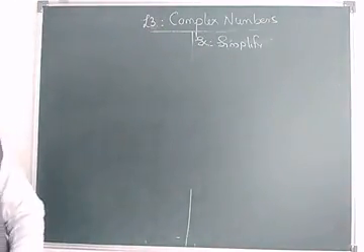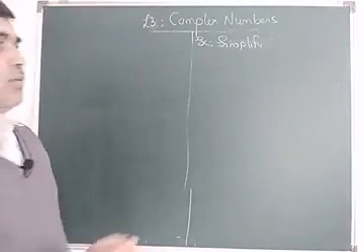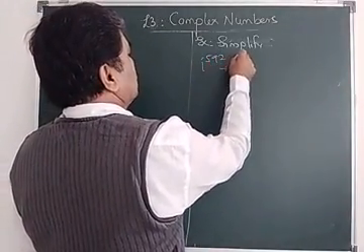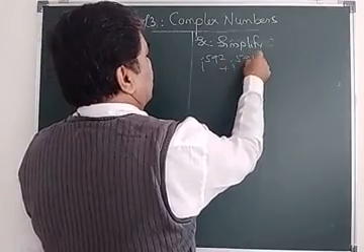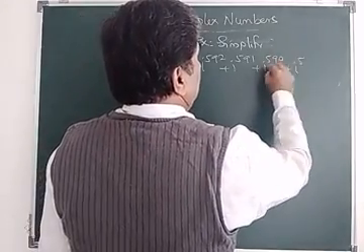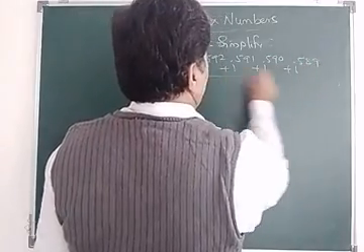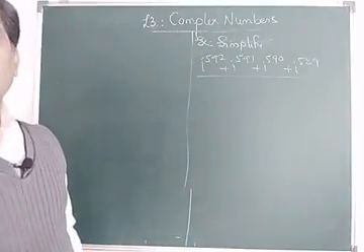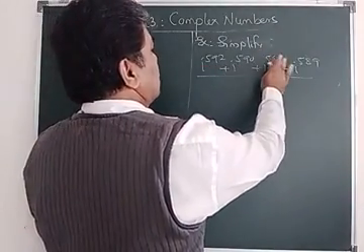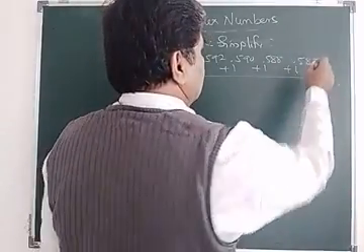Now simplify. Say i raised to 592 plus i raised to 590 plus i raised to 588 even terms, and 586.